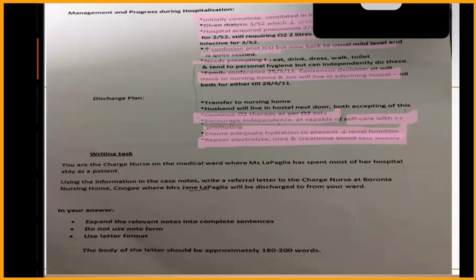Kindly ensure proper hydration. For what? For normal renal function. Don't you think there is an easy way of writing? Then you can say it is important to repeat electrolyte, urea, and creatinine blood tests weekly. I think you can write in a very simple way like this instead of complicating it.